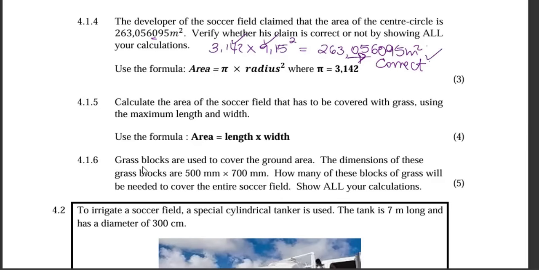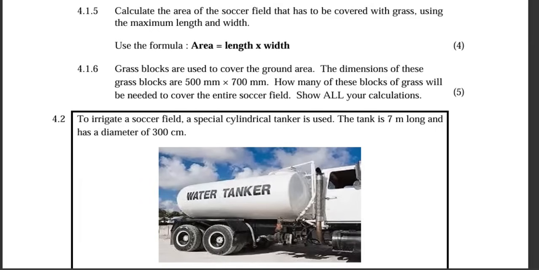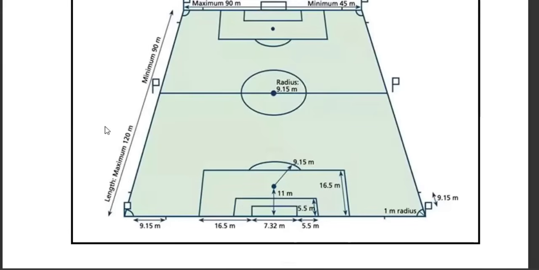Okay, calculate the area of the soccer field that has to be covered with the grass using the maximum length and width. So we come here on the graph. So we are using this and this.